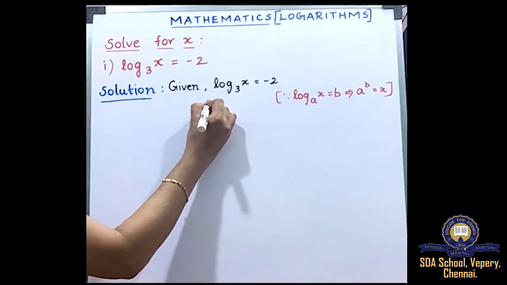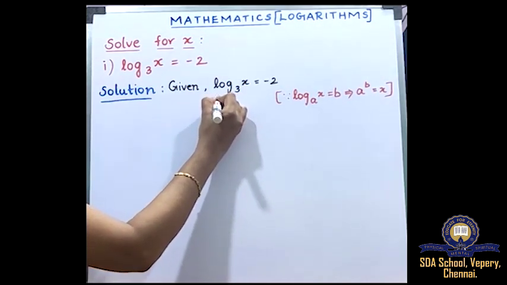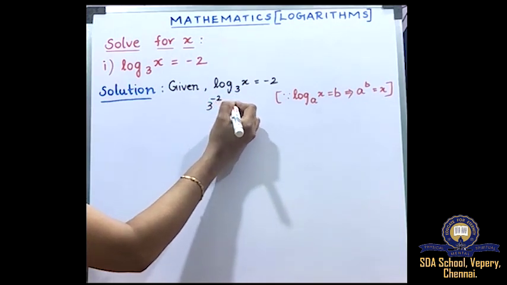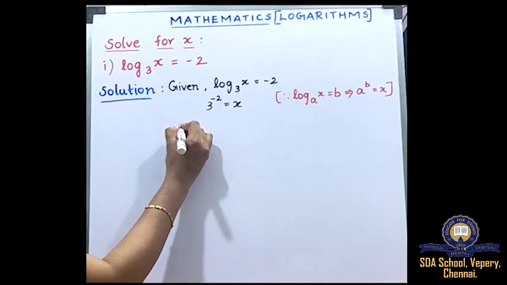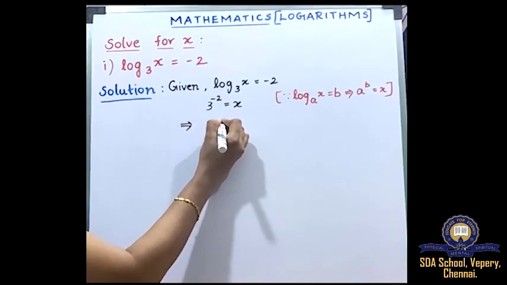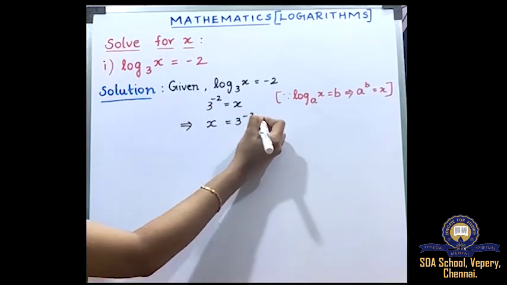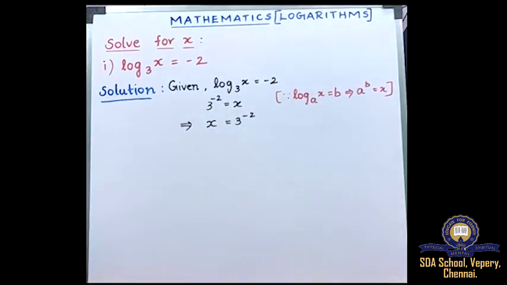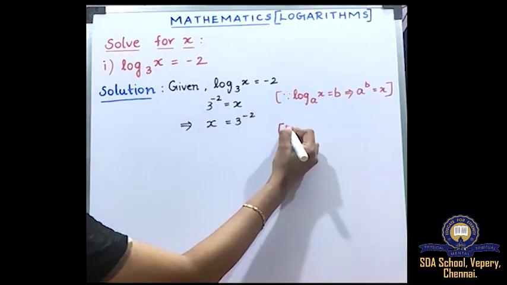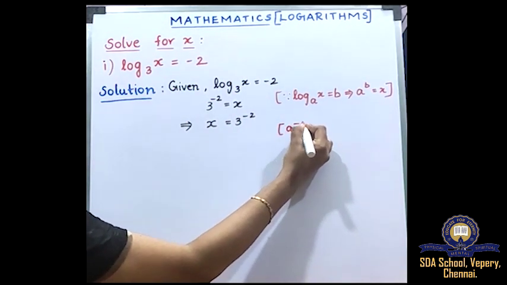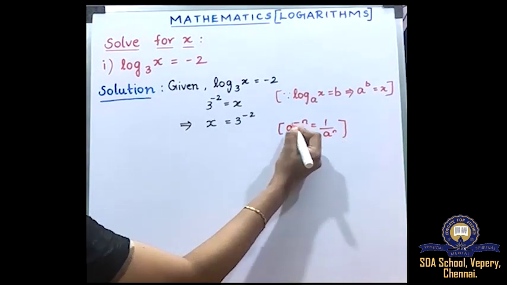So here a value is 3 to the power b value, which is minus 2, equals x value, which is x. So I am going to rewrite this equation as x equals 3 power minus 2. So now here again we have studied this law in exponents: a power minus n equals 1 by a power n, right?